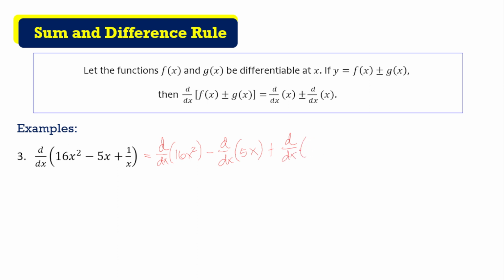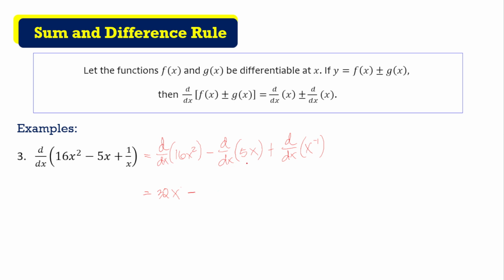Now we can write 1 over x in exponential form, which is x raised to negative 1. Right? So for the derivative of 16x squared, we multiply the exponent to the coefficient 16. So 2 times 16 is 32. Then copy the variable x and subtract 1 from the exponent. So 2 minus 1 is just 1, or simply x, so 32x. The derivative of 16x squared is 32x, right?